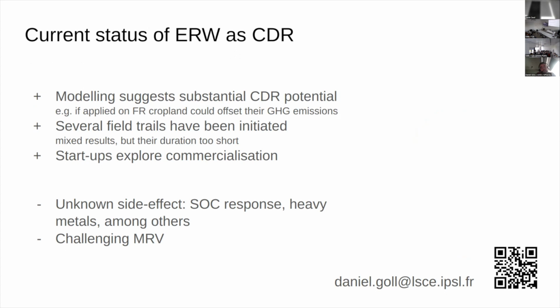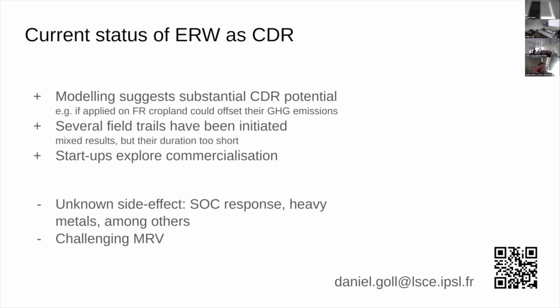We only have proof for mesocosm and idealized dissolution experiments. These experiments in the field, they're restricted to a few years, have mixed results, so it's not quite clear. But on the other hand, there are several startups which already put tons of basalt out at the moment, which really take over these field experiments by trying to commercialize the whole application.